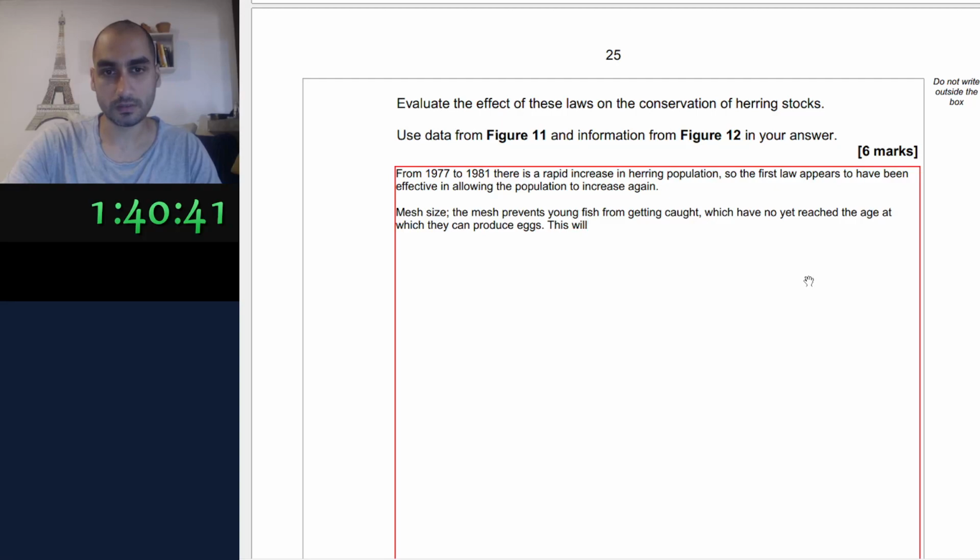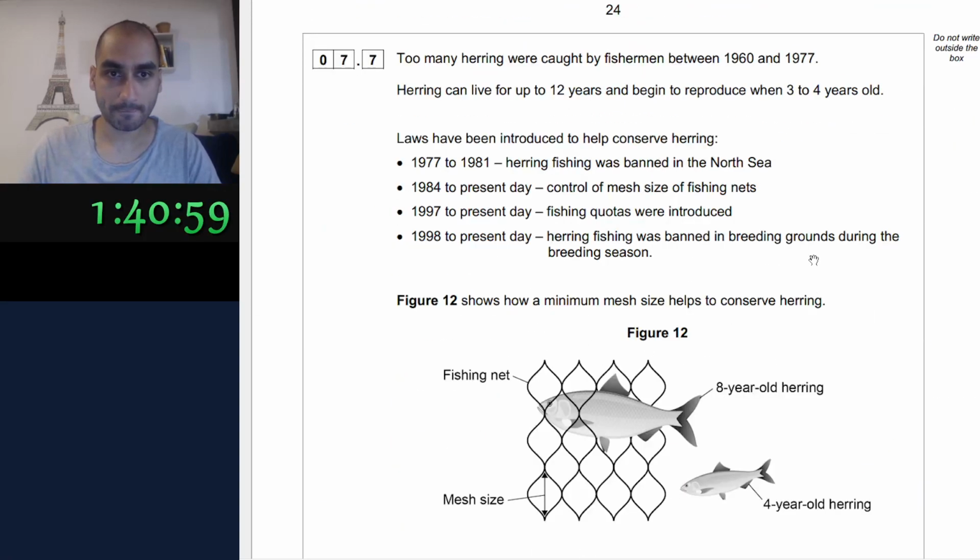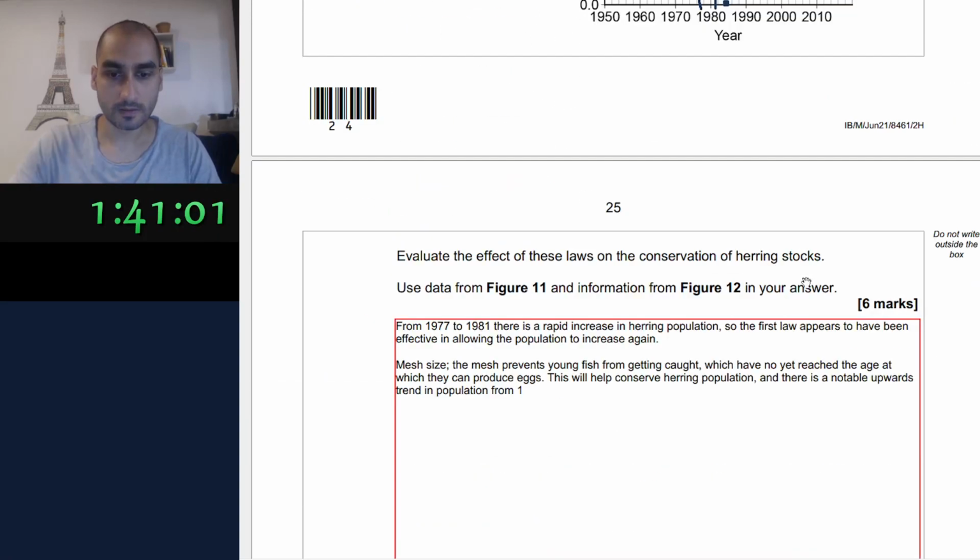This will help conserve herring population, and there is a notable upwards trend in population from 1984 onwards.